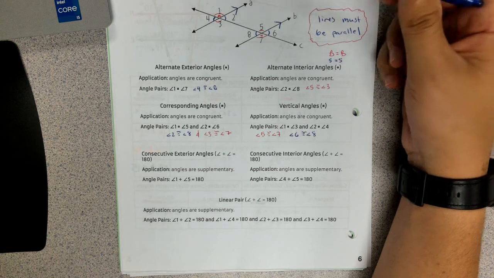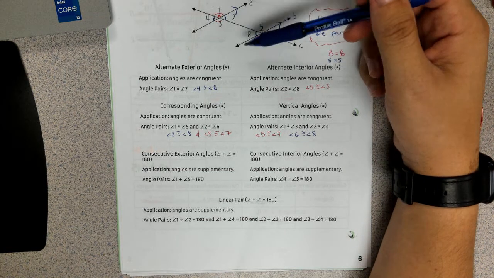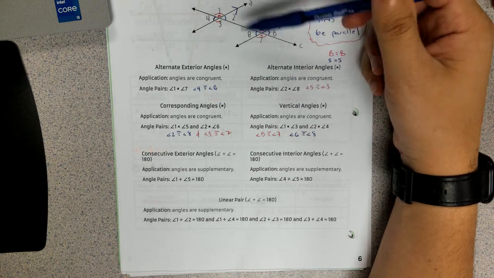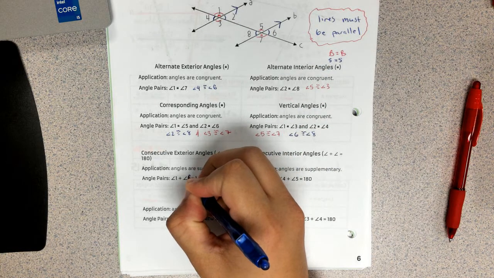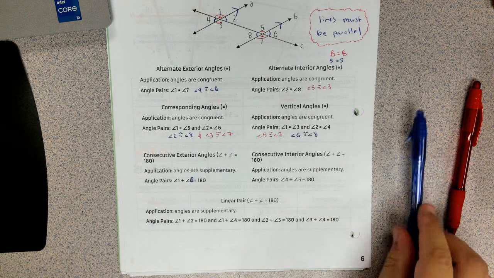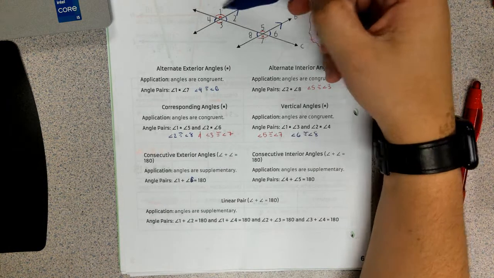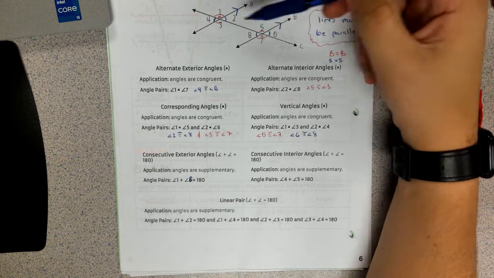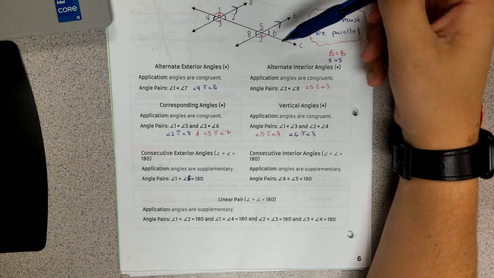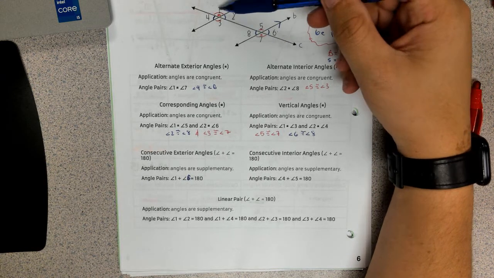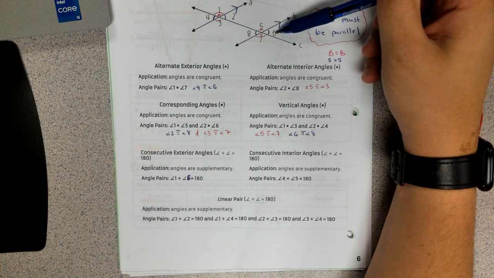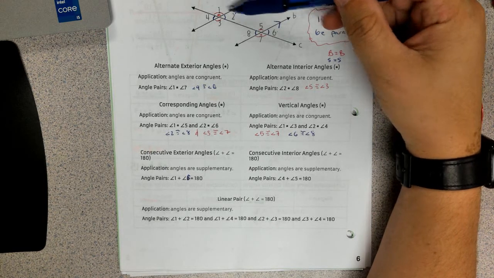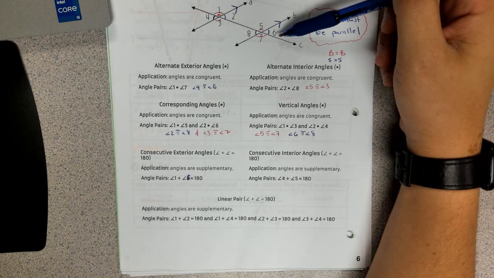So, for example, we have angle 1, and this should actually be angle 6, not angle 5. Angle 1 and angle 6, okay, notice they're both outside and they're both on the same side of the line. Angle 1 is in red and angle 6 is in blue from the previous video, and angle 1 is obtuse and angle 6 is acute.